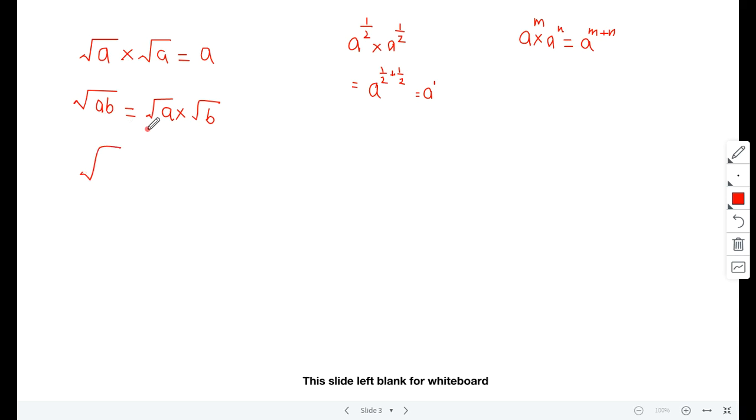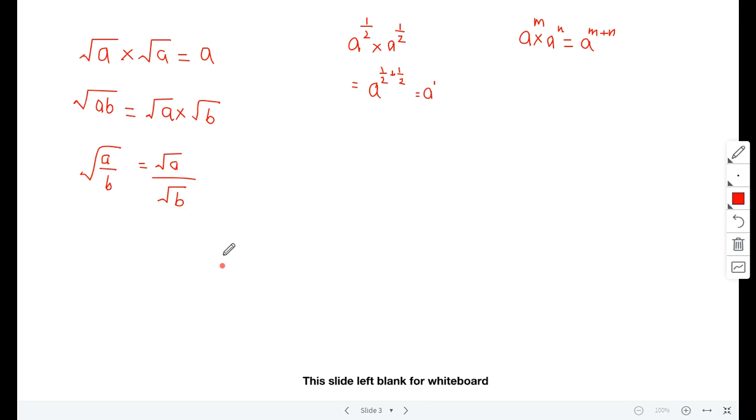Root ab can be separated out as root a multiplied by root b. Then root a divided by b is equal to root a divided by root b. So whenever we have to simplify, we have to remember these three things.